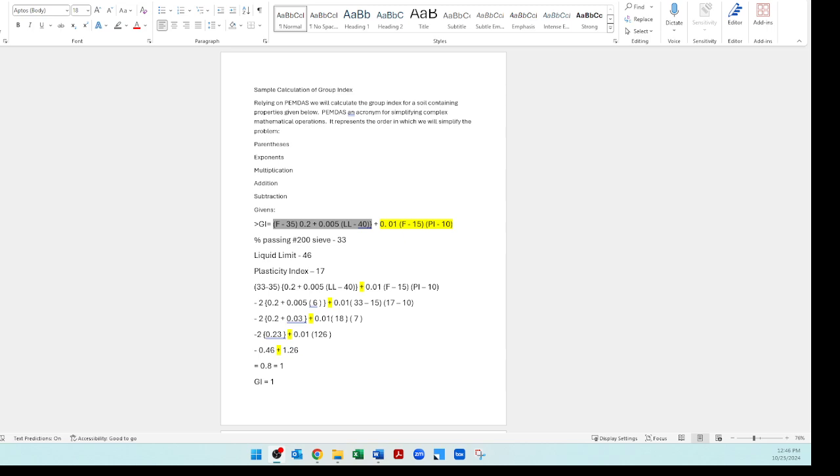AASHTO, in addition to classifying soils into particle sizes, uses other parameters or engineering properties, such as plastic limit and liquid limit. But for the soil classifications, there's like 7 in AASHTO.